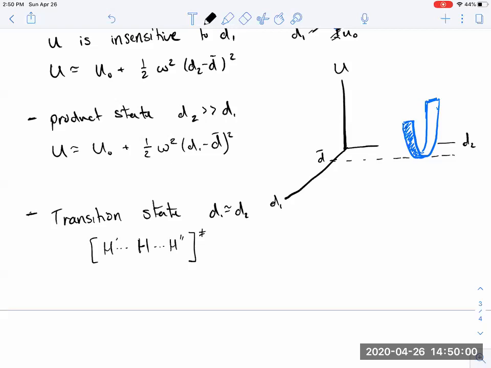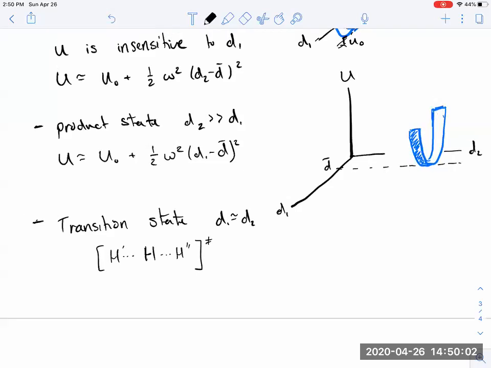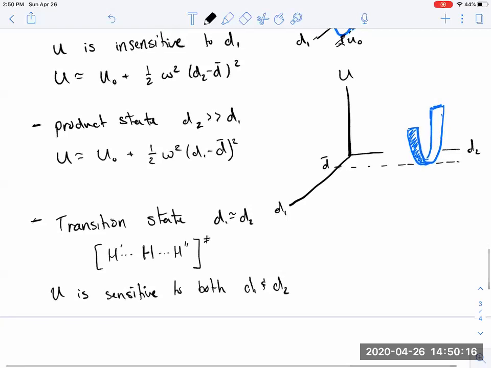So first, U is sensitive to both. We'd expect that the U in this region is much greater than that value far into the reactants or product states.